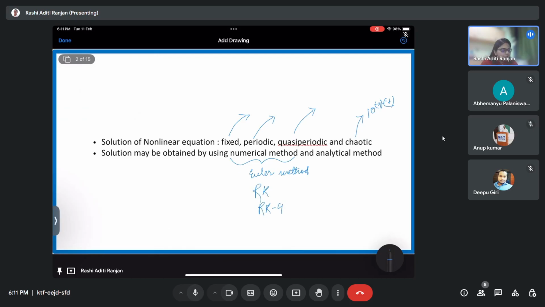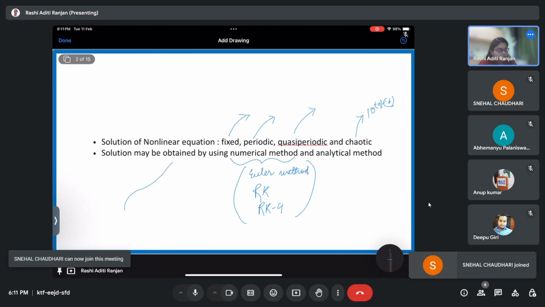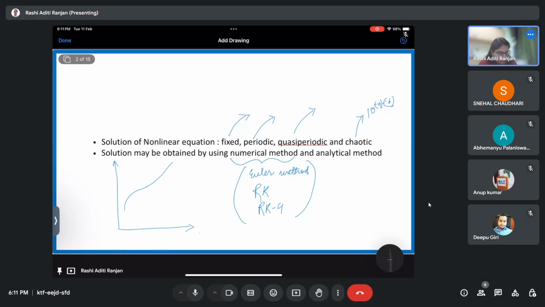All these methods are actually based on the concept of geometry, wherein we say that, for example, this is my curve of a system. This is the plot of x versus f of x, right? What do we know in case of a differential equation?